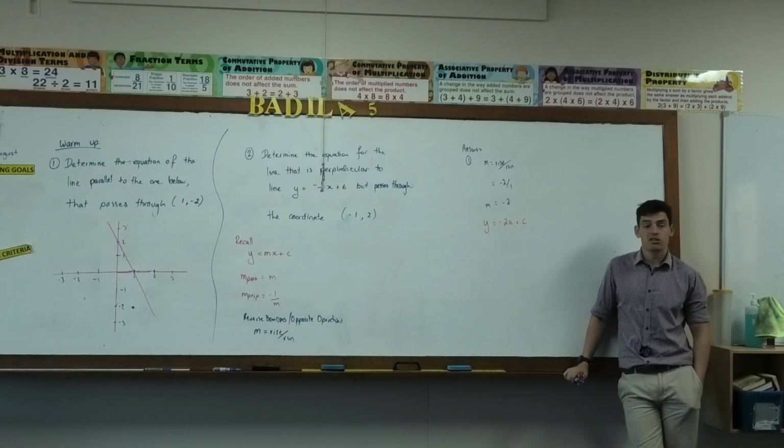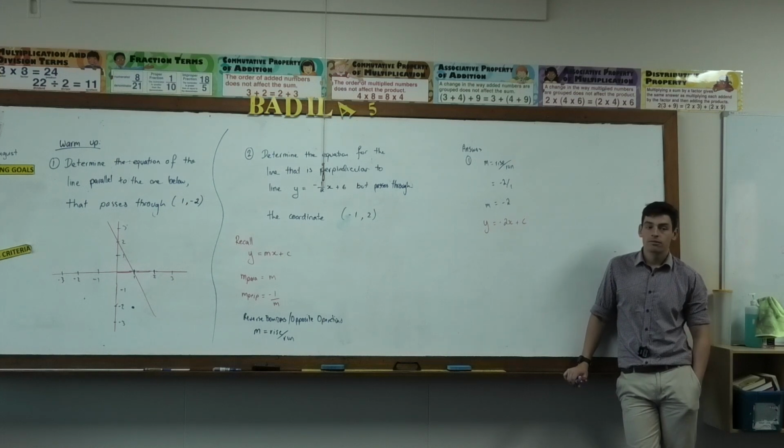Jake, tell me what else I know about this. Do I know anything else? Read the question carefully and tell me what I know. What information is in the question?